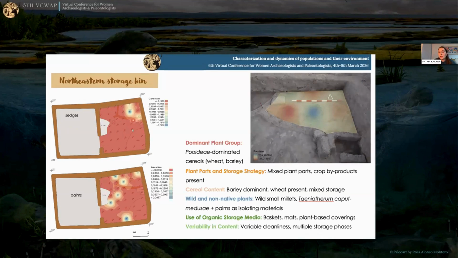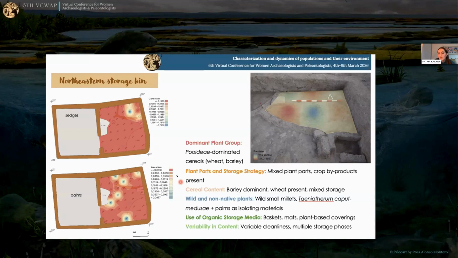Data indicate that the northeastern silo was primarily used for cereal storage, dominated by barley, with some wheat, suggesting mixed or repeated storage episodes. The presence of cereal byproducts and sedge phytoliths points to organic containers or coverings, while sample variability indicates multiple use phases.